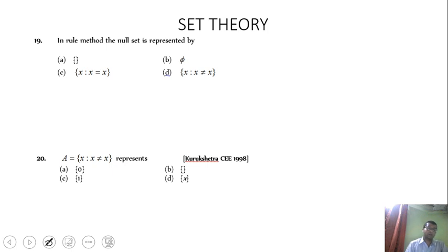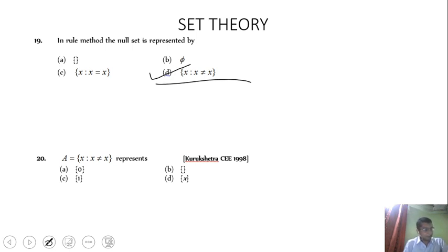It is just a symbol, therefore don't confuse with options A and B. But in the rule method, it is defined as x such that x is not equal to x. This is the right answer, because an empty set means x does not belong to x, that is, x not equal to x.